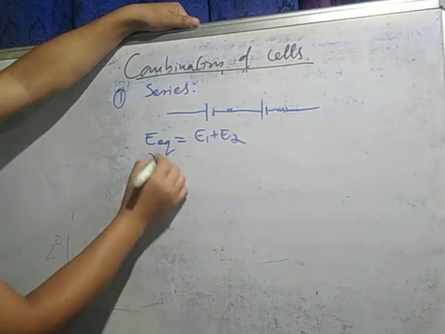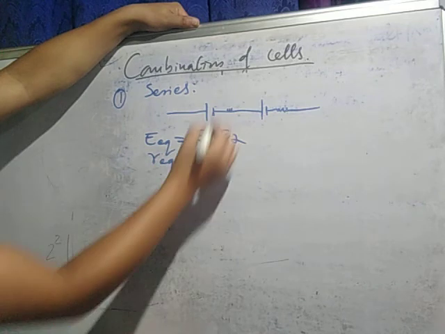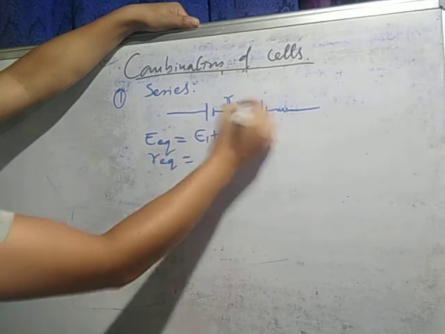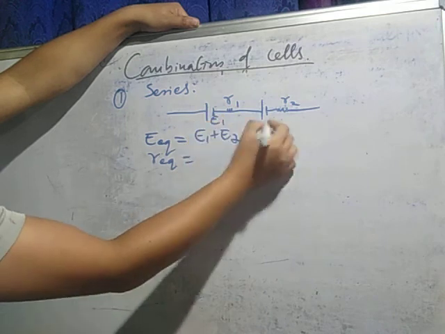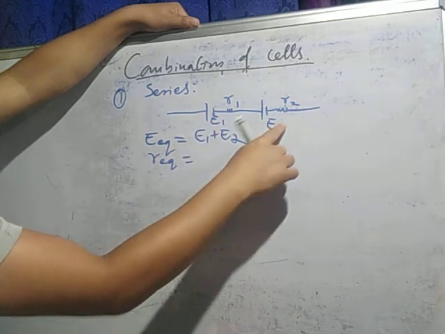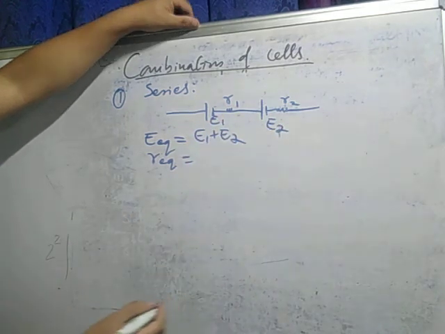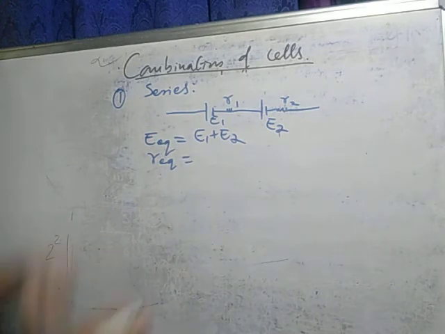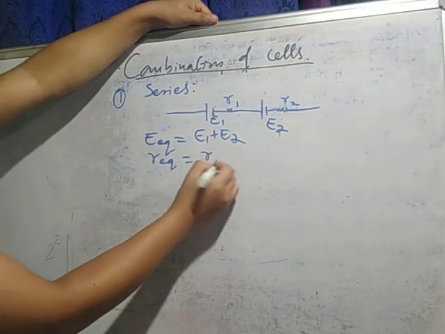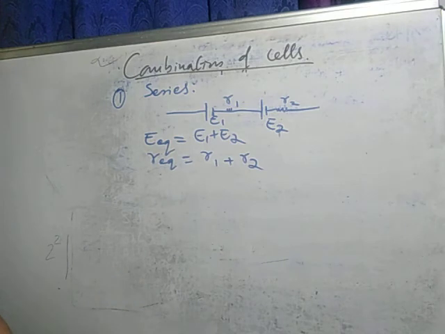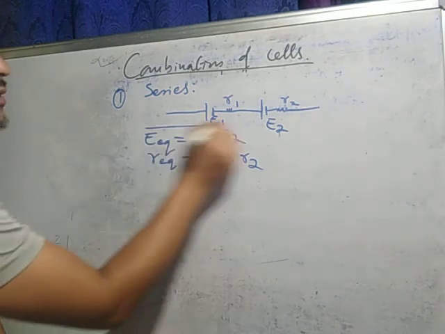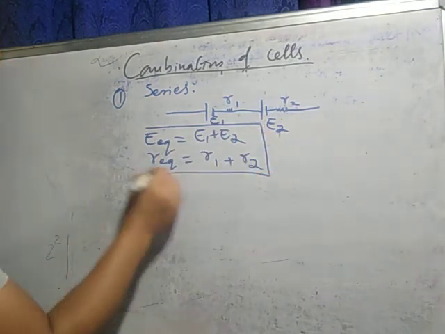And this is R1, R2, E1, E2. These are the EMF of cells. Equivalent resistance is also given by R1 plus R2, right? Clear? So these two are the formulas.